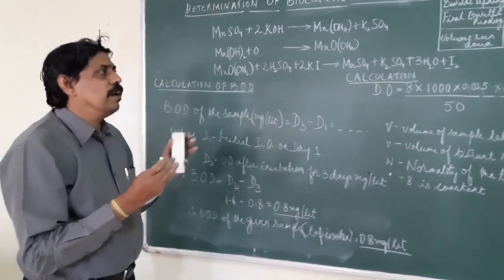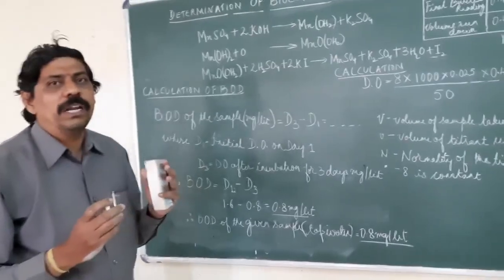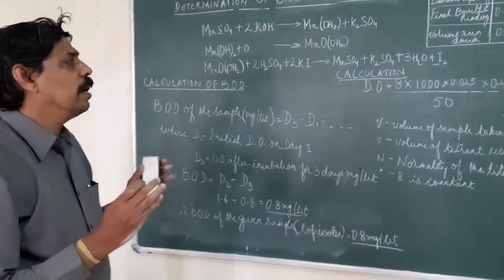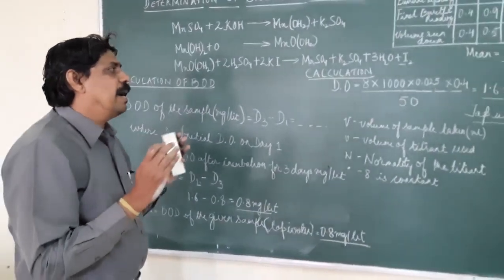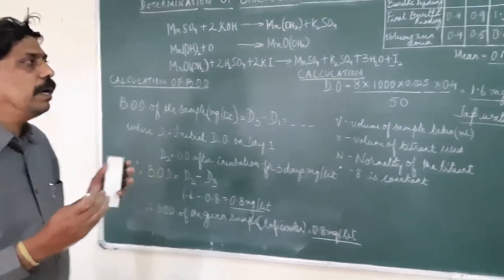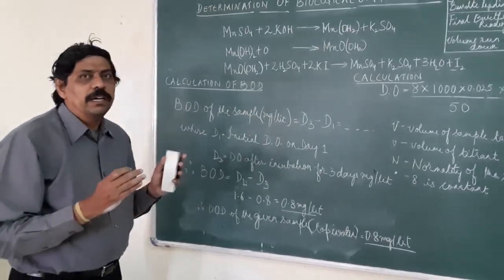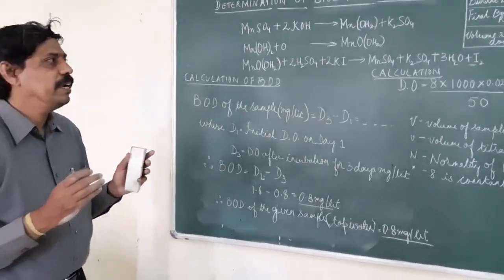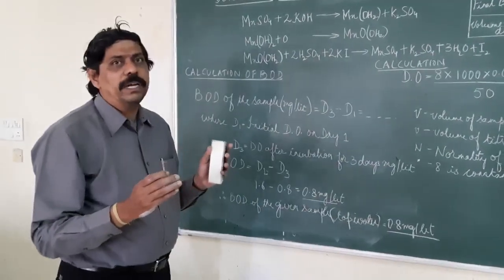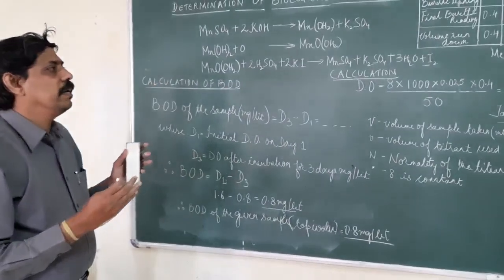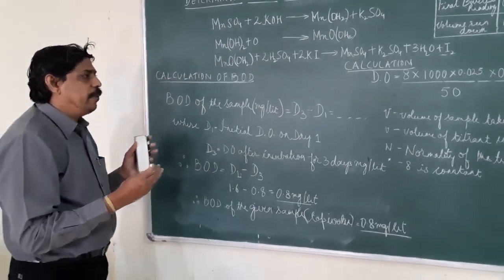The two bottles have to be brought into the laboratory, and one dissolved oxygen bottle with the water sample will go into the BOD incubator, which will be incubated at 28 degrees centigrade in tropical and subtropical countries. In colder climates, it is incubated at different temperatures.